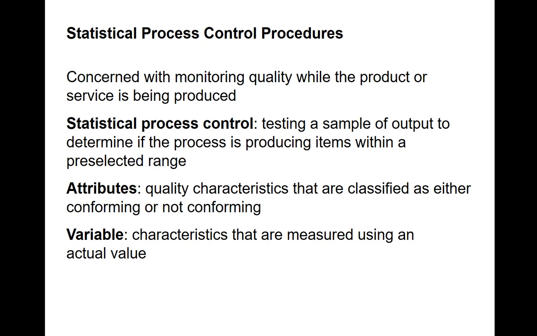If the output is the number of defects, which relates to either conforming or not conforming, you need to pick the P chart and C chart. And if it is related to the real value, like weight or length, like 1 meter, 2 meters, those actual values, pick the X bar charts and the R charts.